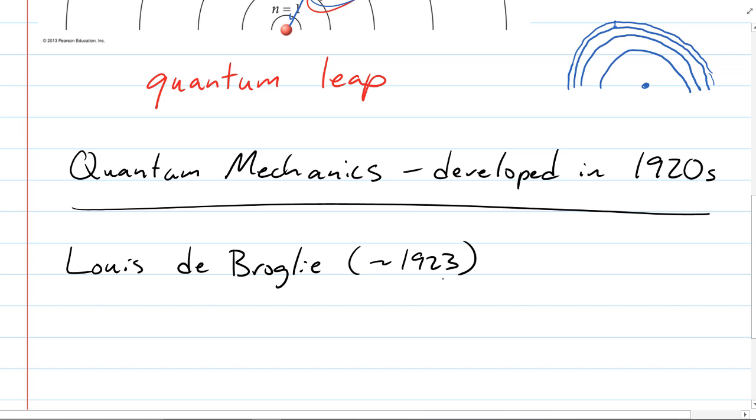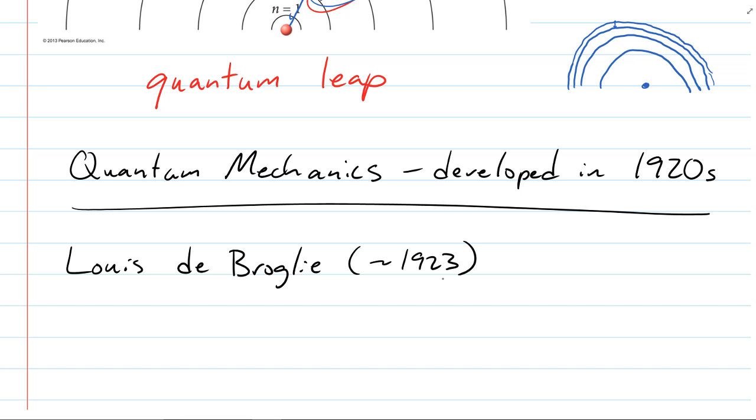De Broglie reasoned that if we look at light, which behaves primarily as a wave but sometimes like a particle, as we talked about the other day, light has a dual nature. Well, de Broglie had this idea that we've been looking at electrons the wrong way. All along we've been looking at electrons as if they're particles, but we probably should be looking at them as if they were waves.